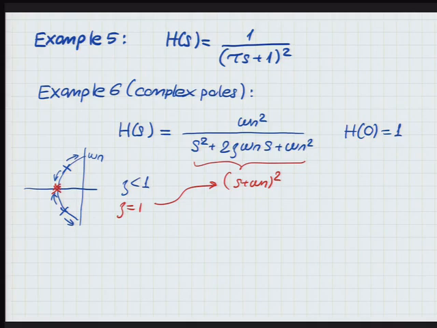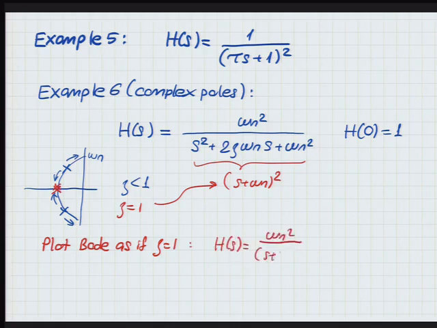All right? So plot the Bode plot as if zeta is equal to 1, which simply means that you're going to pretend that zeta is 1, so you have omega n squared over (s plus omega n) squared. Or I can just put it in this form by dividing both the numerator and denominator by omega n squared. I can write it in this form, 1 over (s over omega n plus 1) squared.